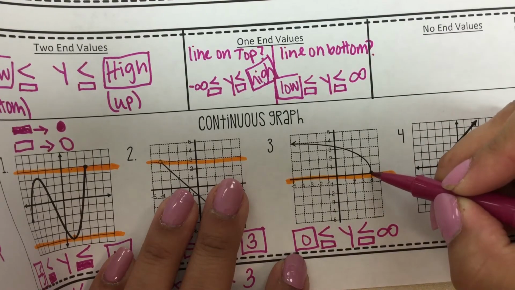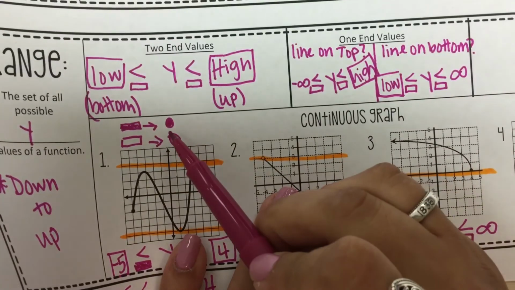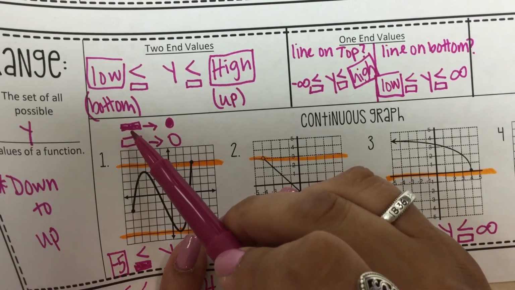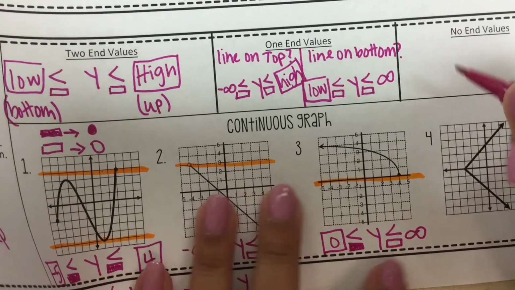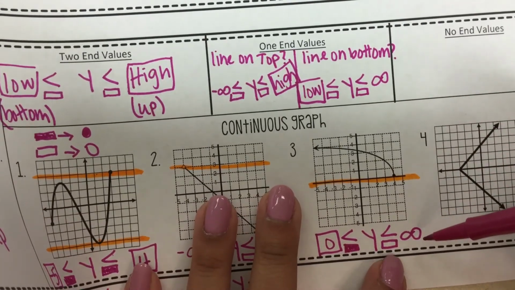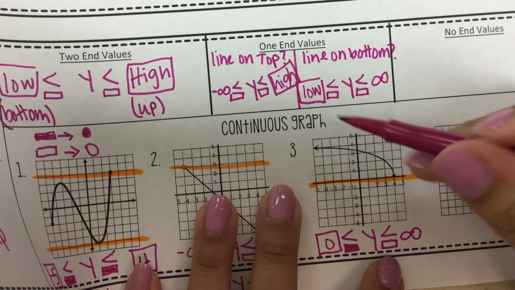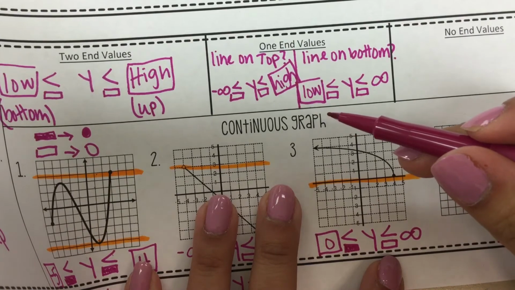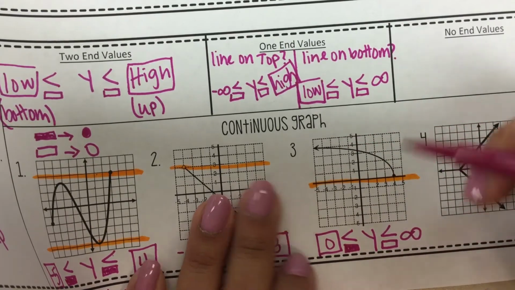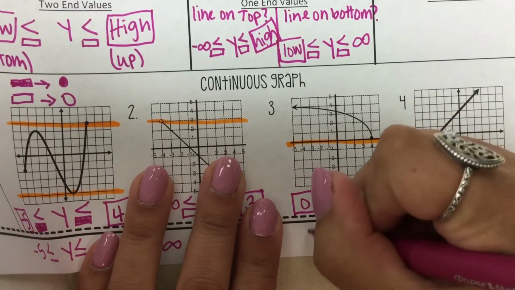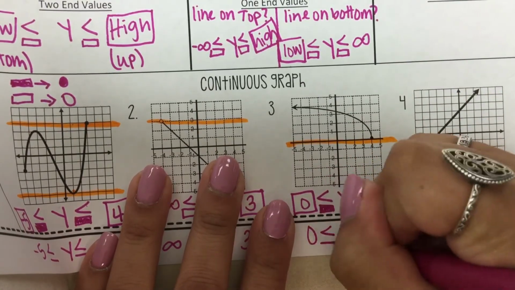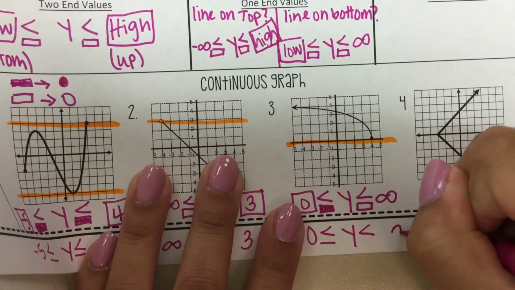My endpoint is closed. If I have a closed circle, it is going to be colored in. So I'm going to color in my little box. Okay, and then my high value is infinity. I can't touch infinity. So I'm not going to color in this box, which means if I translate this, I end up having 0 less than or equal to y less than infinity.